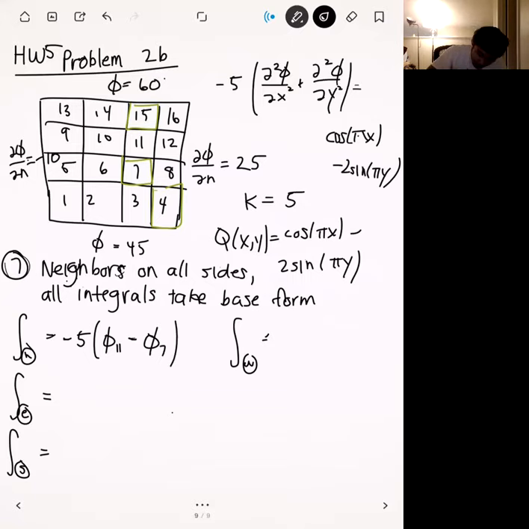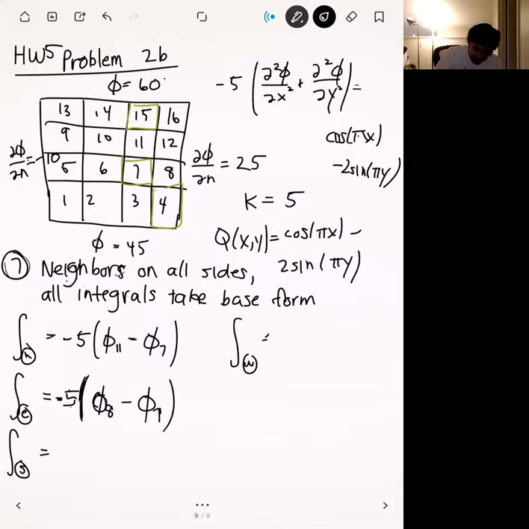Then for the east integral, we have a minus k, and so we have a minus 5. And then we multiply by the east neighbor, which is phi 8, okay, minus phi sub c, which is phi 7, okay.